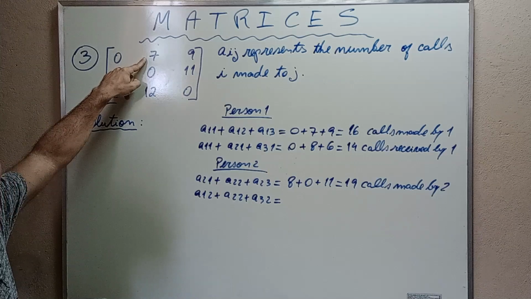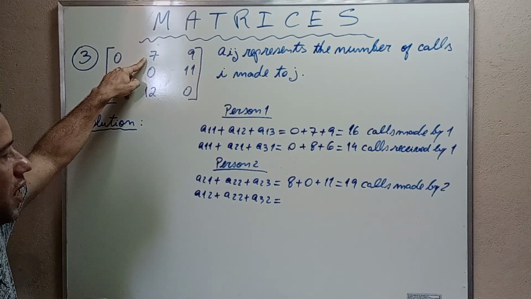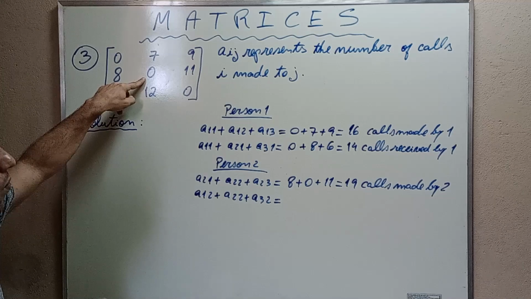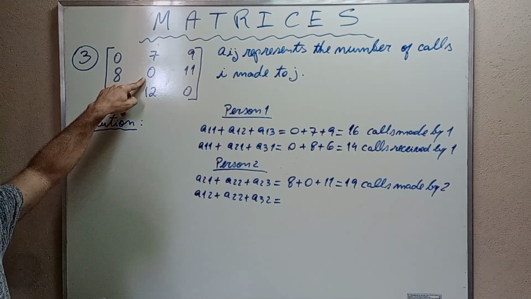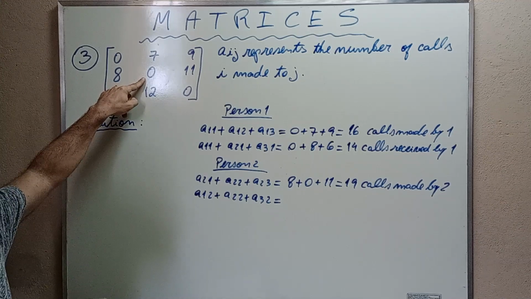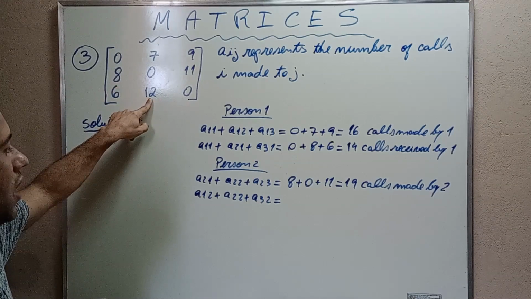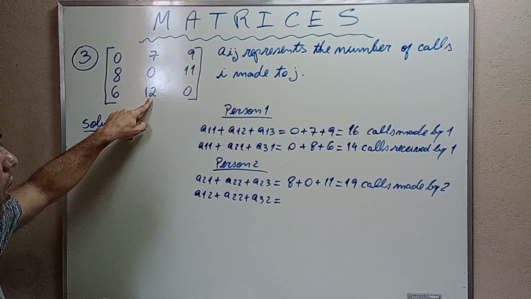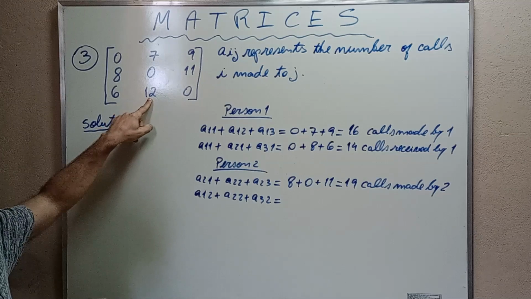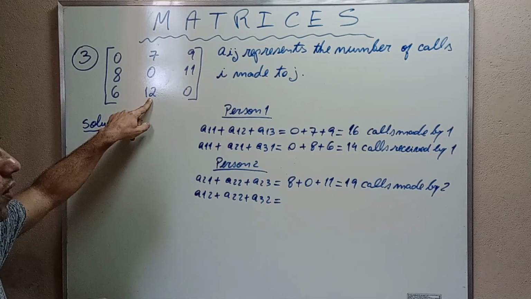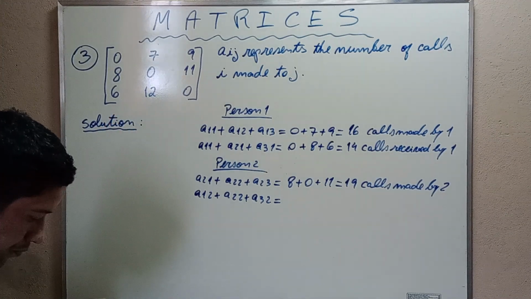Person 1 called person 2 7 times, 0 because you cannot receive a phone call made by yourself, and 12 times represents the number of phone calls received by person 2 made by person 3.